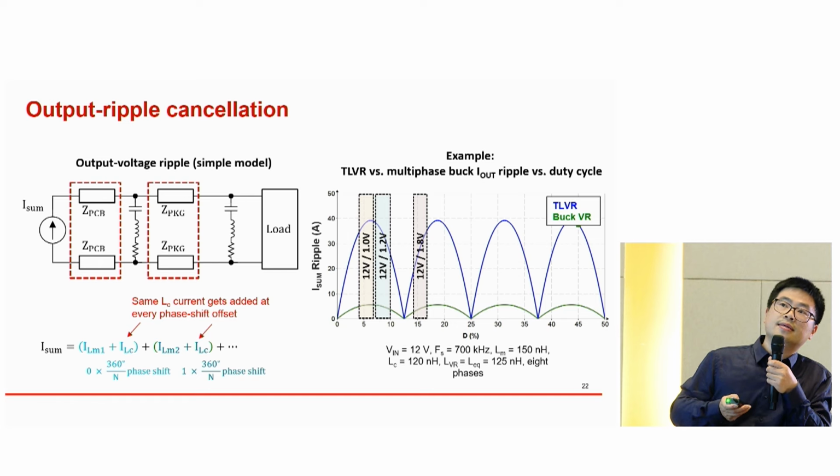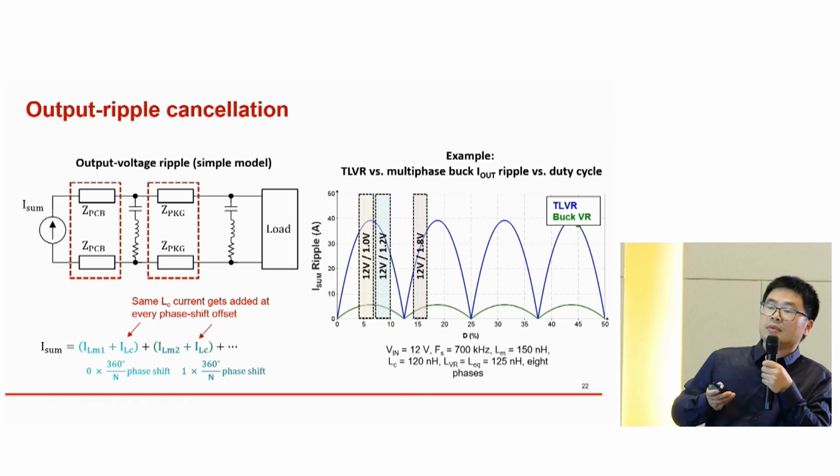We can see that the I3 current goes through the PCB impedance and the capacitor network, finally goes to the load and the output capacitance, and then transfers to the output ripple.